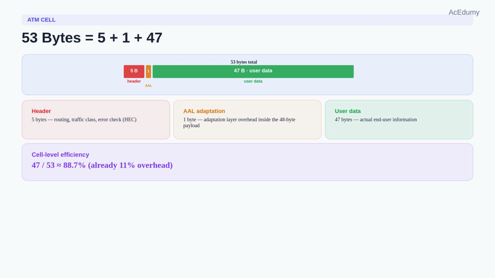Of those 48, 1 byte is the adaptation layer header, AAL, leaving exactly 47 bytes carrying actual end-user information. So per cell, 53 bytes shipped, but only 47 bytes of user data inside. The cell-level efficiency is 47 over 53, about 88.7%, already an 11% overhead just at the cell level. Now we will see how this combines with the frame overhead.